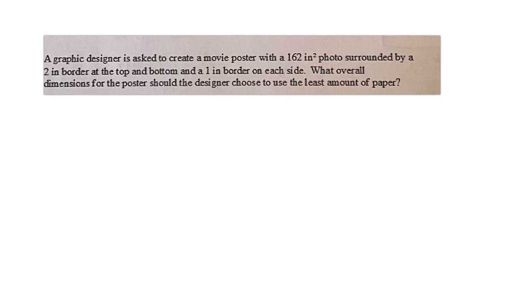A graphic designer is asked to create a movie poster with 162 inches squared photo surrounded by a 2-inch border at the top and bottom and a 1-inch border on each side. What overall dimensions for the poster should the designer choose to use the least amount of paper? Well, let's draw it. So we have a 162 square inch photo, 2-inch border at the top and bottom.